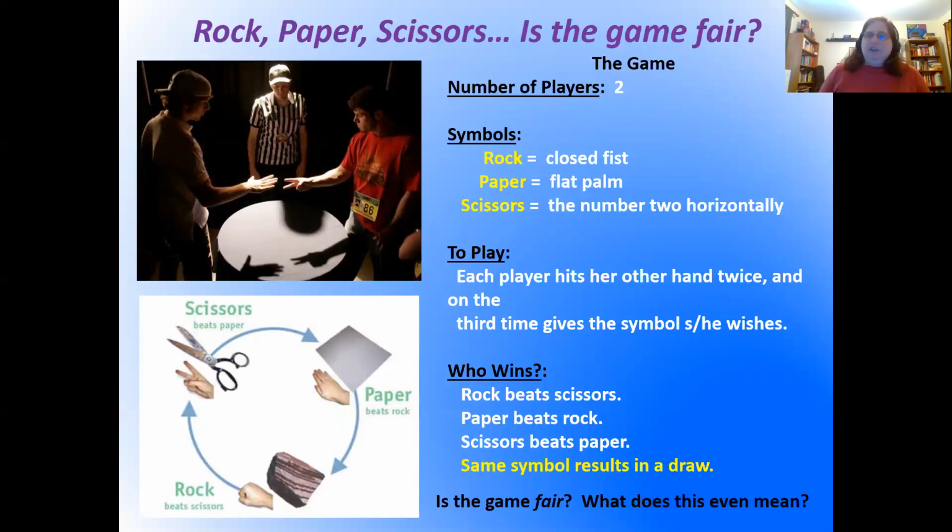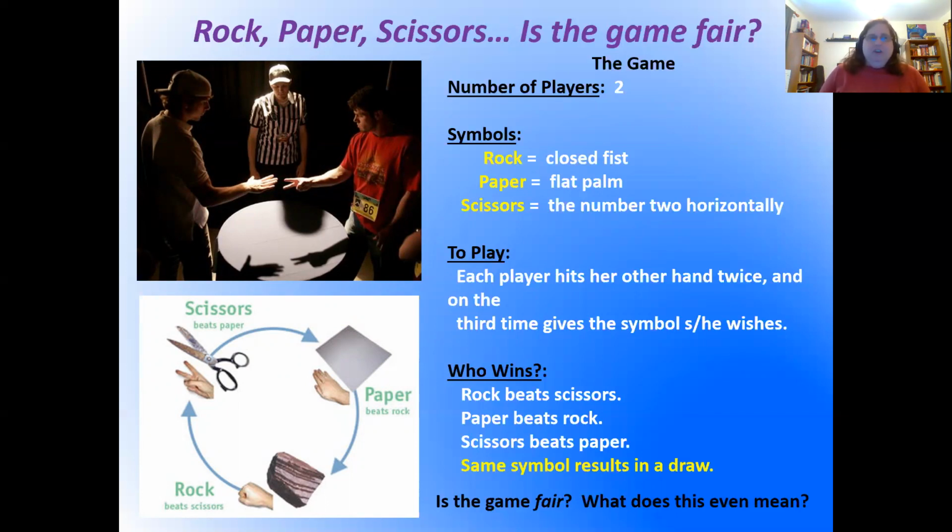Each player hits the other hand twice, and on the 3rd time gives the symbol that they wish. I'm trying to throw a rock here. And who wins? Well, rock beats scissors, paper beats rock, scissors beats paper.